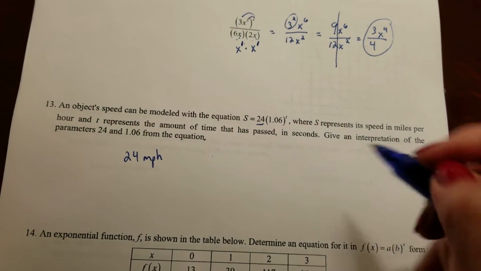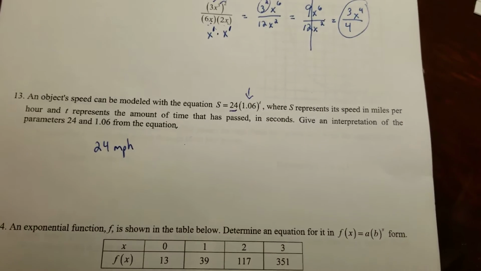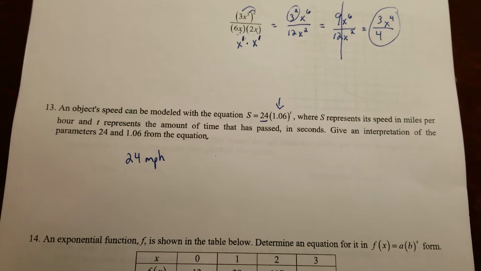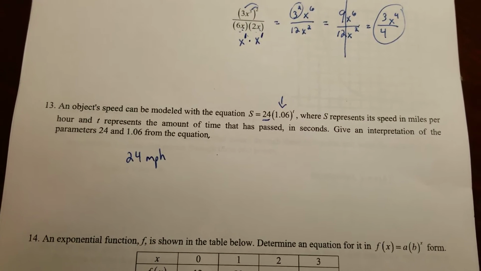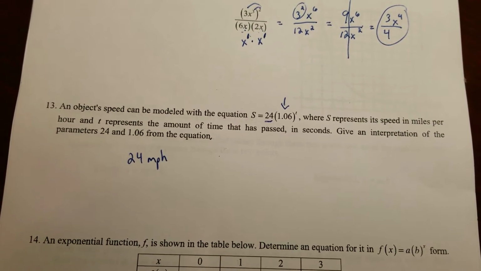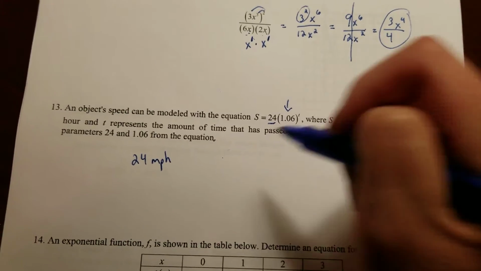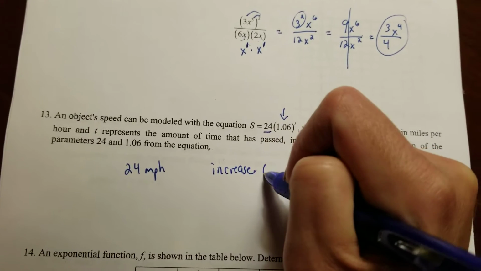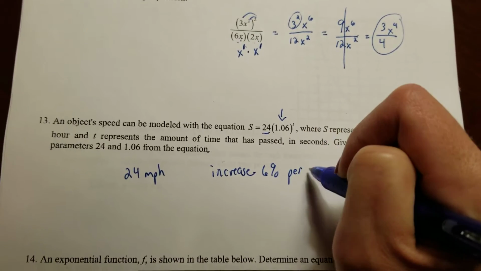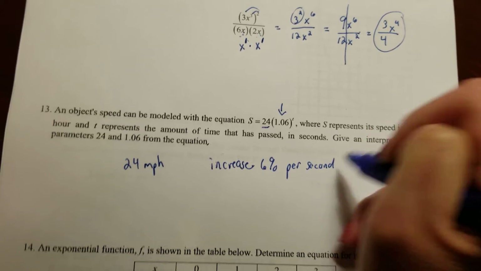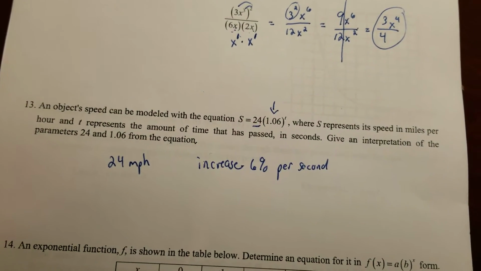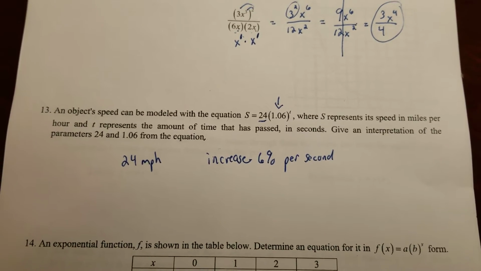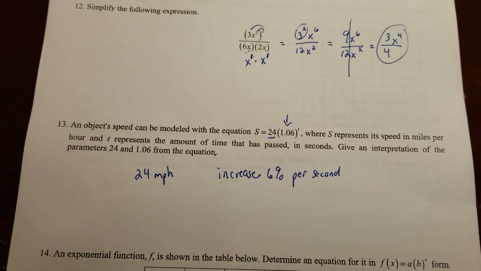And since this number right here, 1.06, is greater than 1, that means we are going to have an increase, and we are increasing by 6% per second. And t, of course, represents our time.